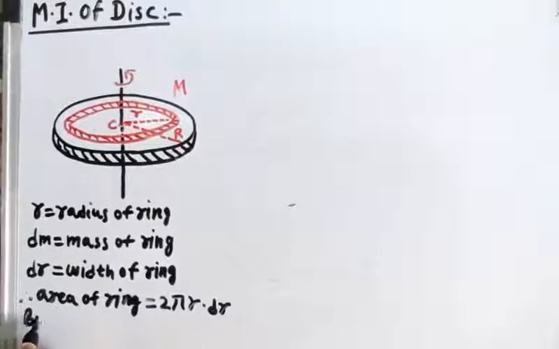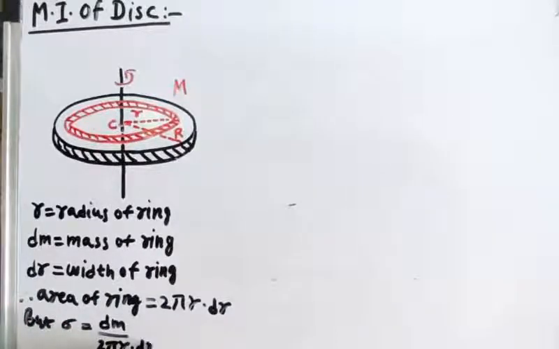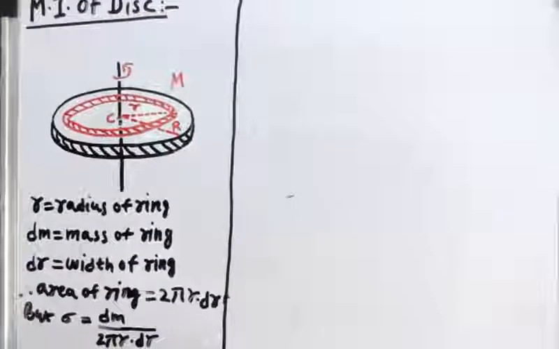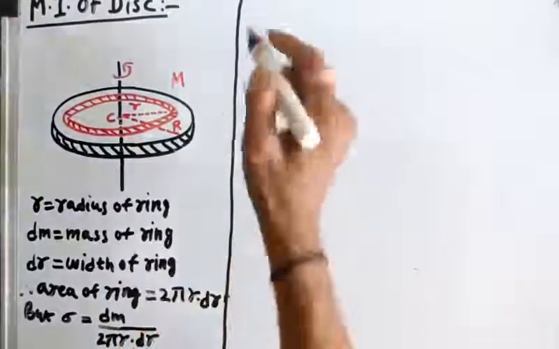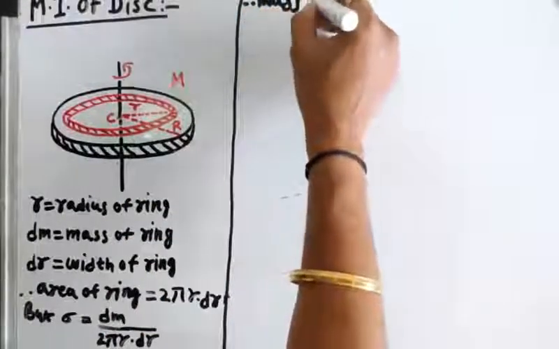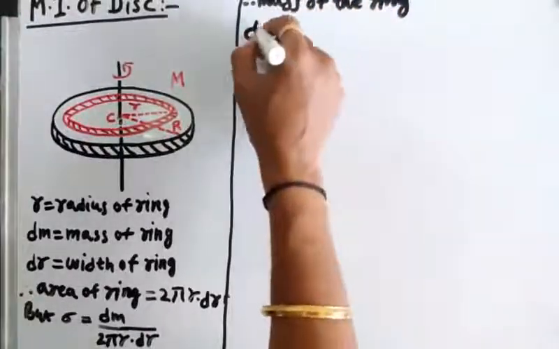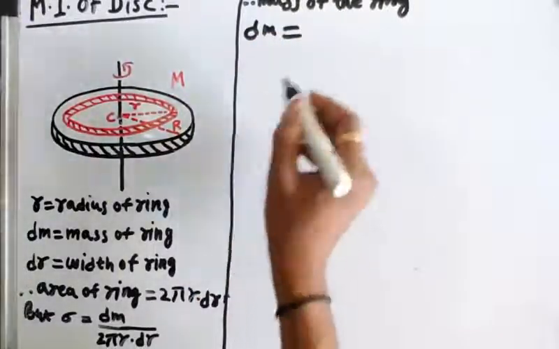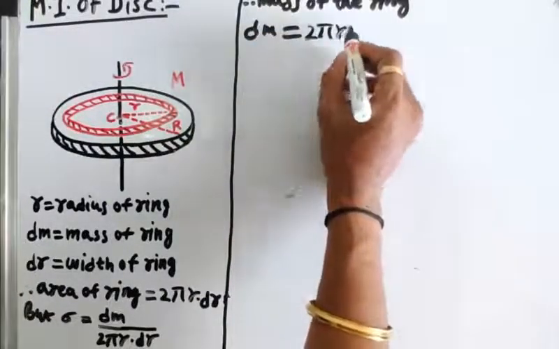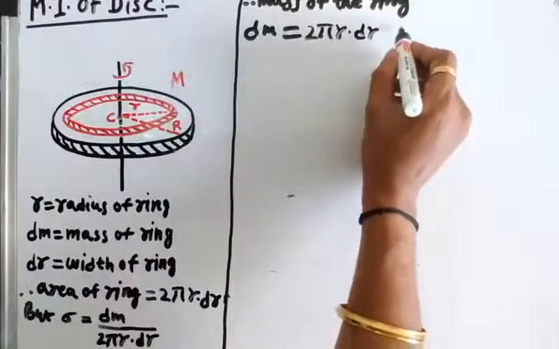But we know that surface density sigma is equal to mass of the ring, dm, upon area of the ring, that is 2 pi r into dr. Therefore, from this equation of surface density, we can find mass of the ring. Therefore, mass of the ring dm is equal to 2 pi r into dr into surface density.